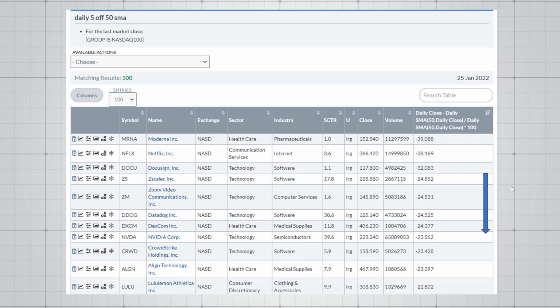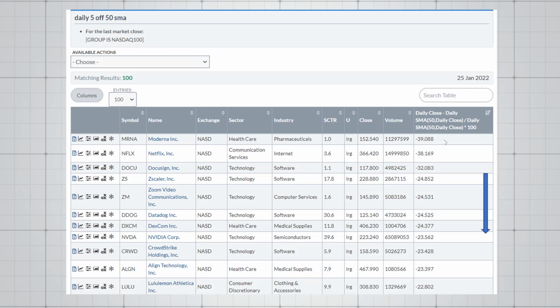Some of the usual suspects for us, Moderna. We would anticipate that it is away from its moving average because of its poor price performance. Netflix down, Docusign, Zscaler, Zoom, all of these are ranked according to the distance.